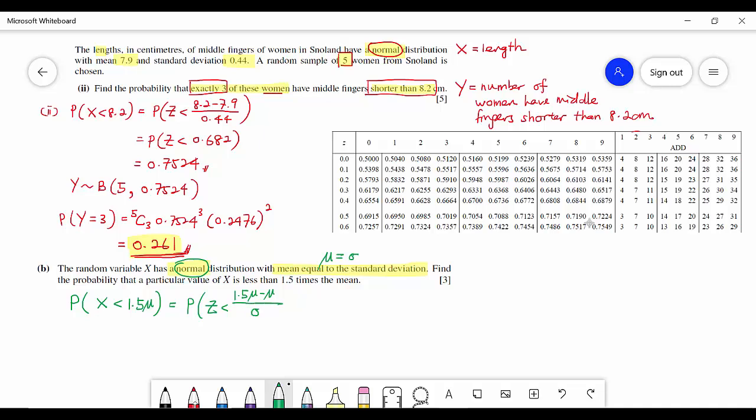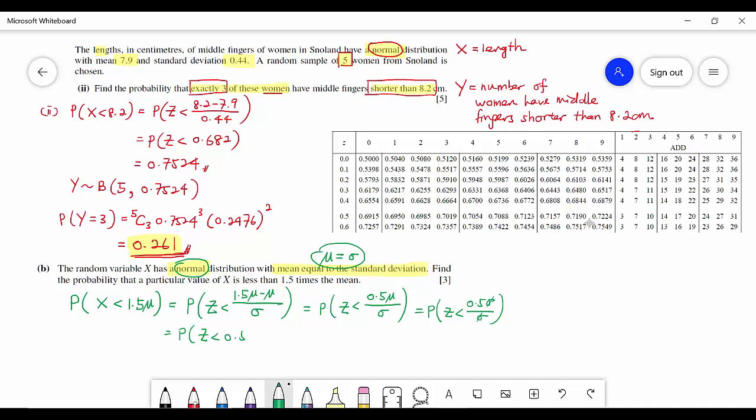If you continue from here, then you can see that z is smaller than 0.5 mu divided by sigma. And since just now they already tell you that mu is equal to sigma, you can change the mu to sigma. So sigma divided by sigma, you can simplify them. And therefore you get z smaller than 0.5.